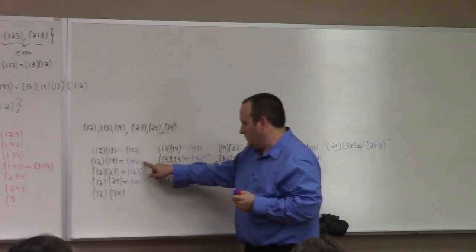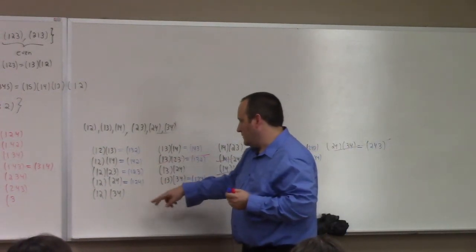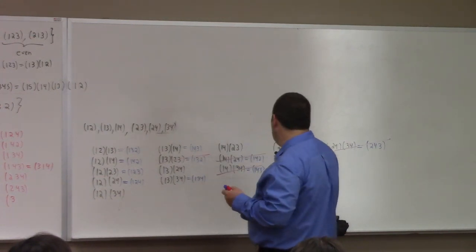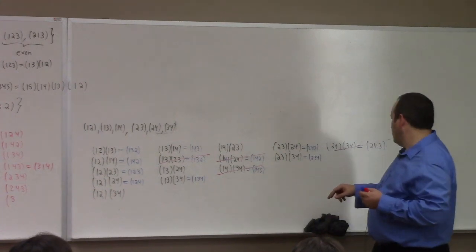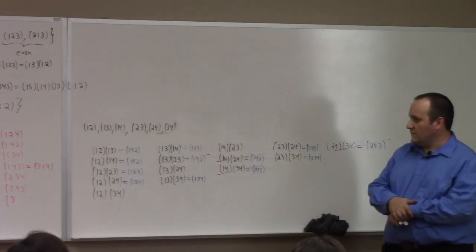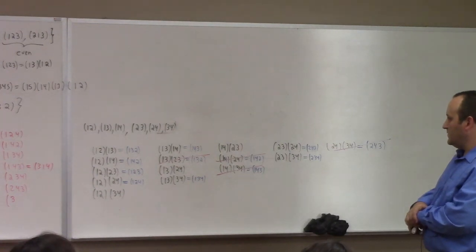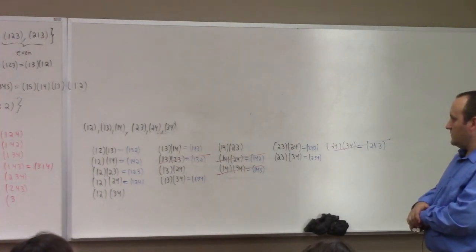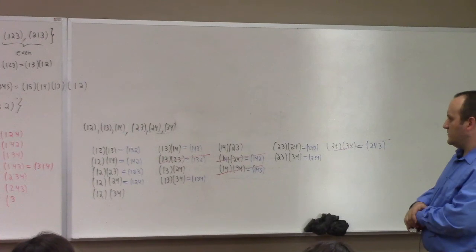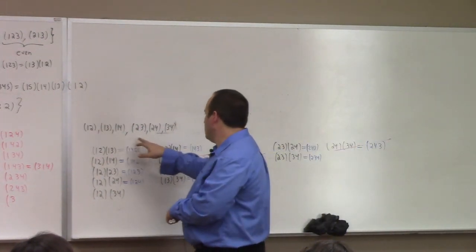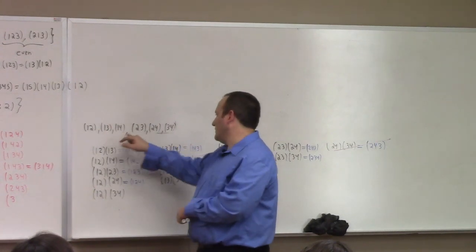Yeah, we got 1, 2, 3, 4, 5, 6. 6 new 3 cycles. And we've got 3 new 2 cycles, right? Wait a minute, 3? No, 1. Yeah, 3. The ones with 4 in it, right?